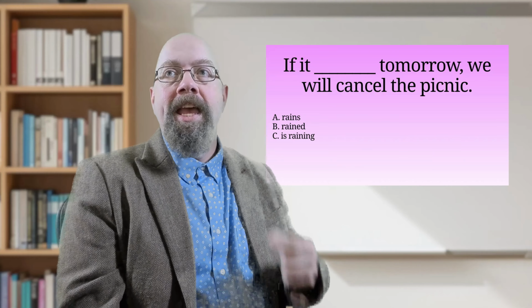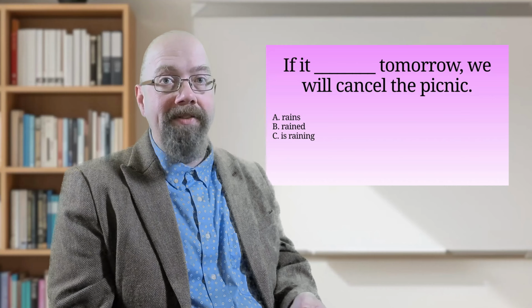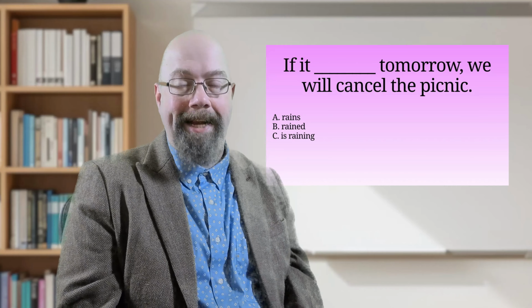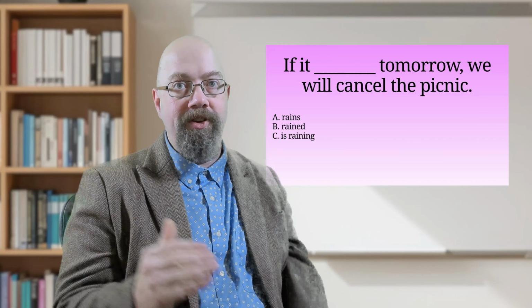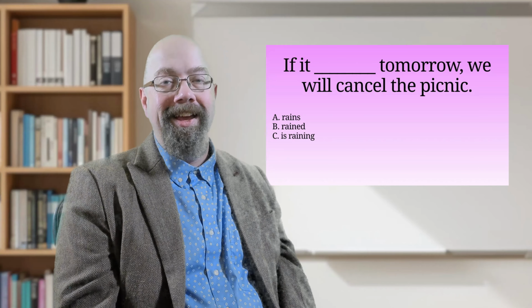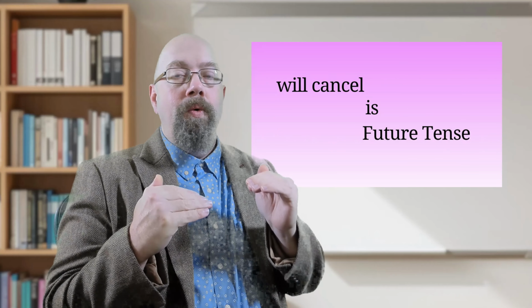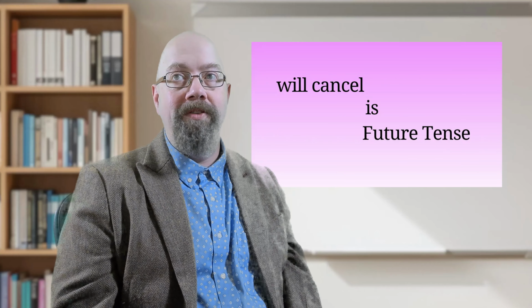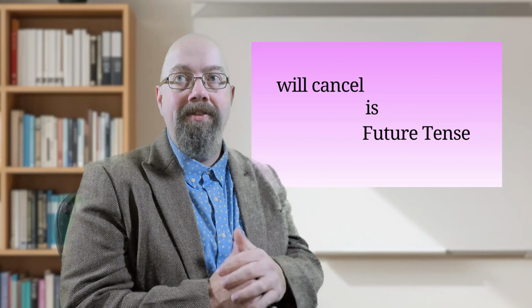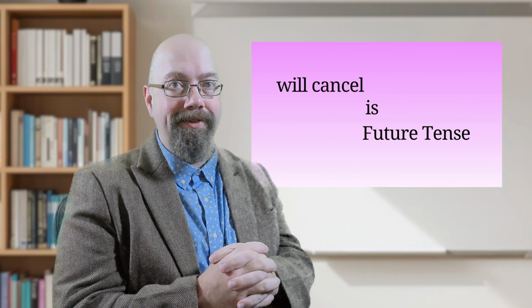So let's go over this first question right here. If it, and it could be rains, rained, or is raining. The key word in this question is going to be after the comma in the sentence. It says, we will cancel the picnic. The conditional form for this will say, if it rains tomorrow, we will cancel the picnic.